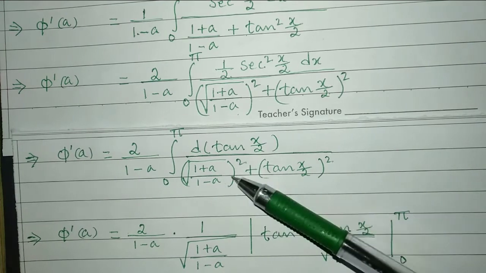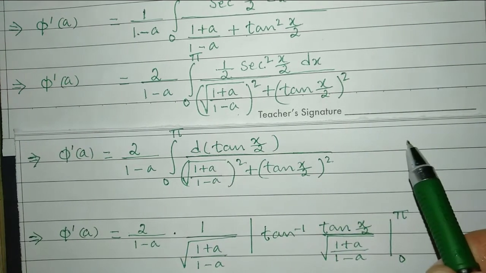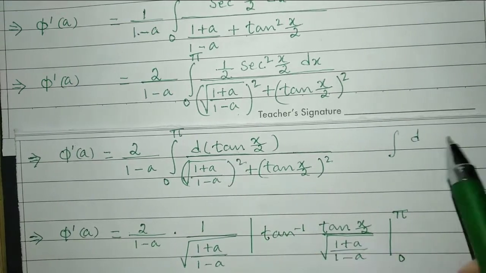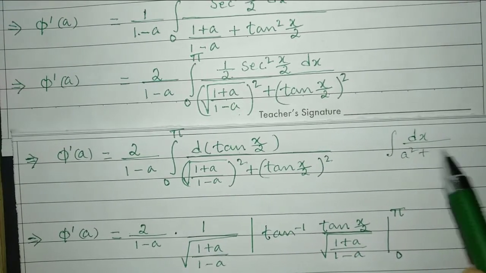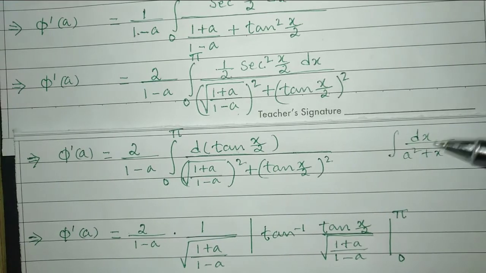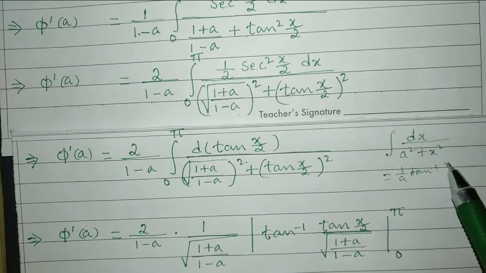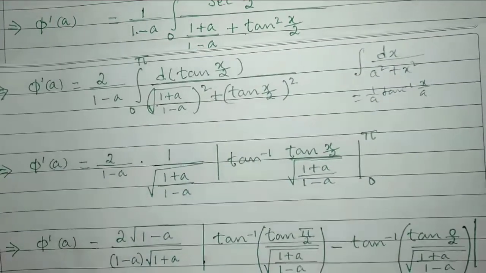Hence I have it in this way. Now you can treat this as x, and this as a constant a, giving a square plus x square. What is the integration of this? It is 1 by a tan inverse x by a. Hence you apply this formula here.